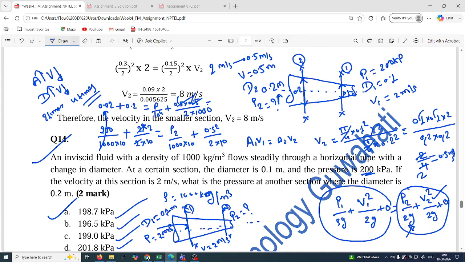When we divide this by 100, this will go 4 times, means 1 by 80. So plus 1 by 80.